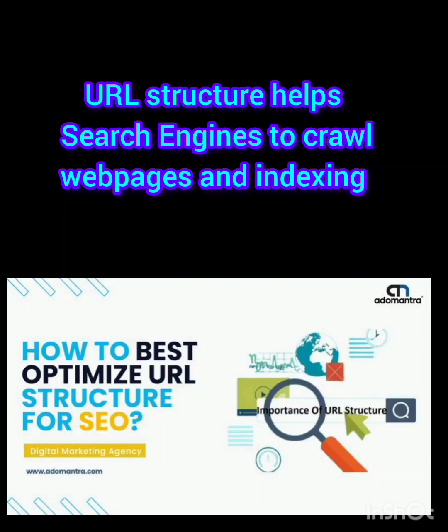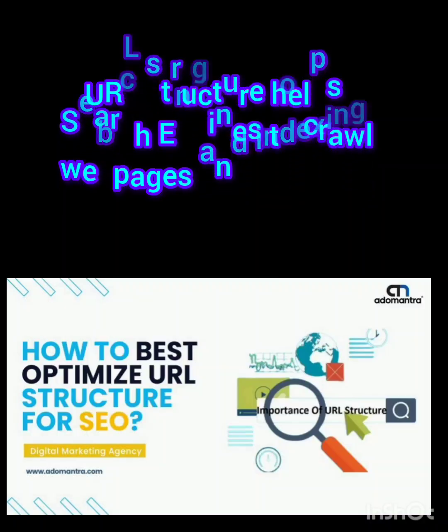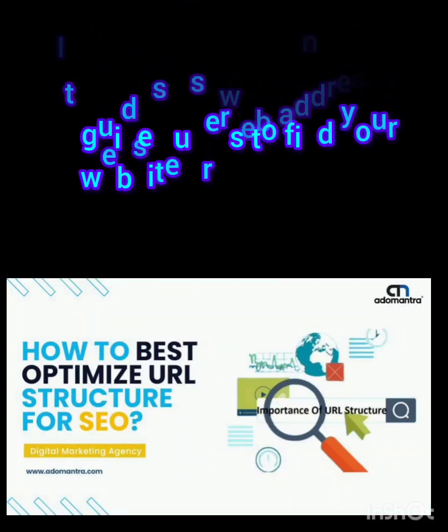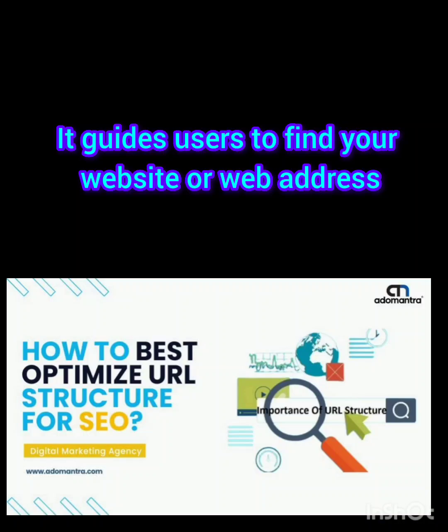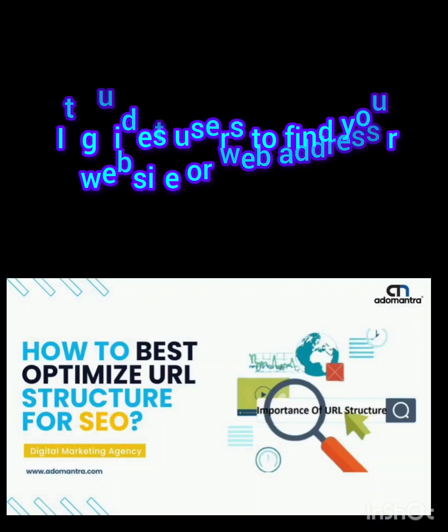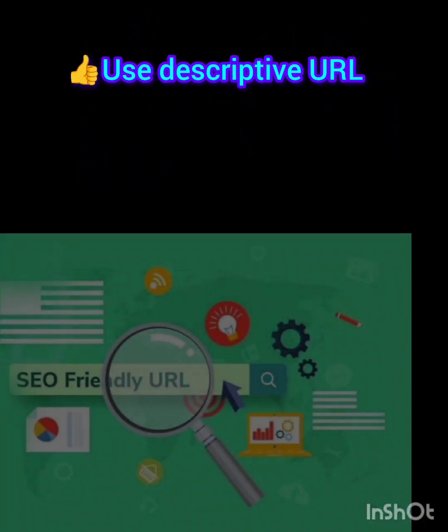URLs act like a street address for your web page, helping both humans and search engines understand where they are and what the page contains. So use a clear and descriptive slug in your URL.